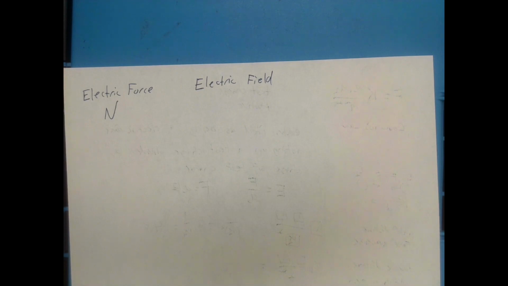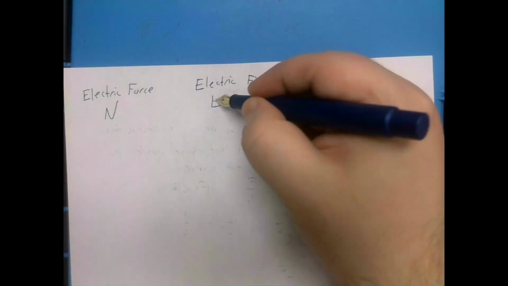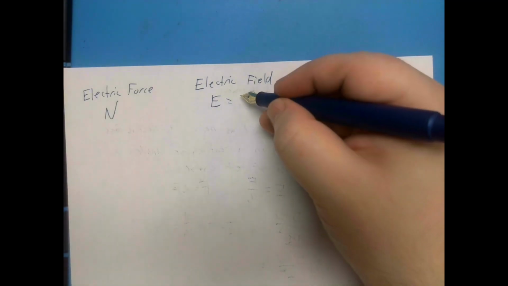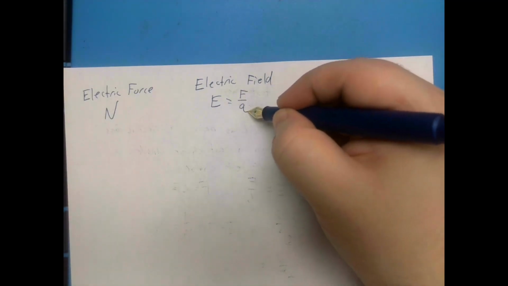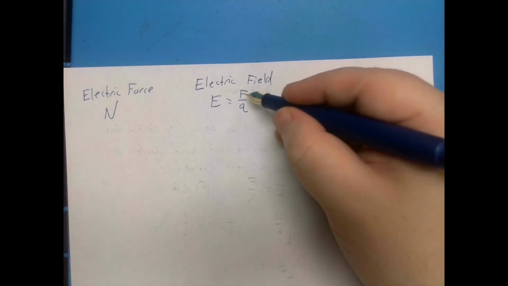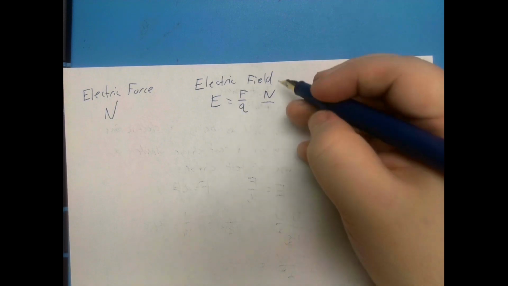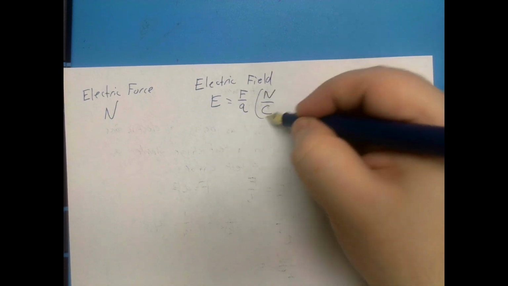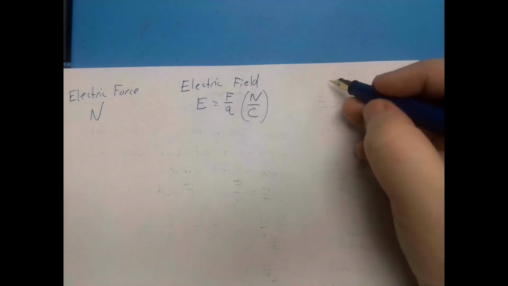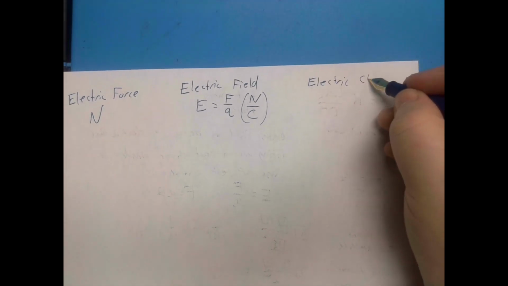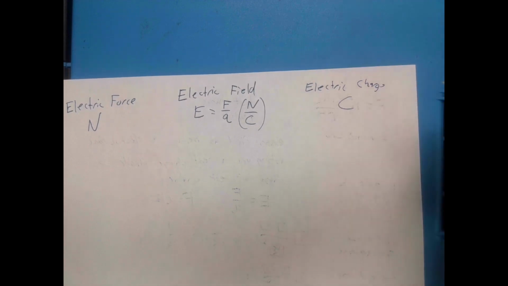What's the equation for electric field? Electric field is equal to force divided by the charge. What are the units of force? What are the units for charge? Coulombs. So it's newtons per coulomb. And the units for electric charge? Coulombs.